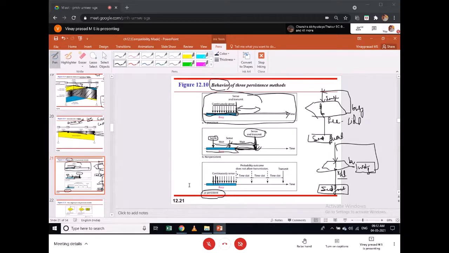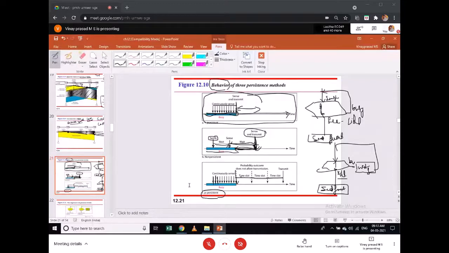Once they come to know the channel is idle, they should follow a time slot with some probability outcome, where the station should wait for this random time slot. After completing their time slot, they should sense the channel. If they come to know the channel is free, then they can transmit the data. That is probability persistence.